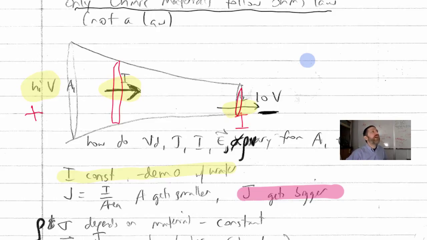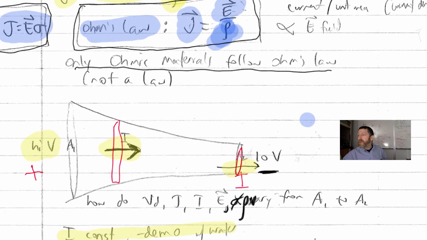Now, here's the fun and interesting part. What happens to the electric field strength as you get from here to over here? Here's what I want you to do. I want you to use Ohm's law, and this form of it is probably the easiest, to tell me what happens to the electric field, and then I will show you a more conceptual way to determine what happens to the electric field.